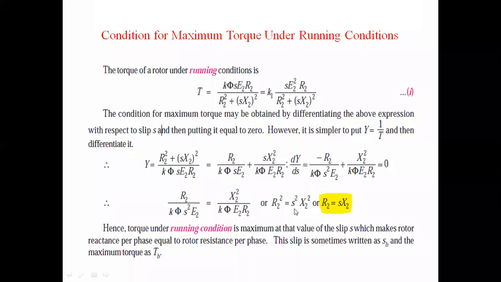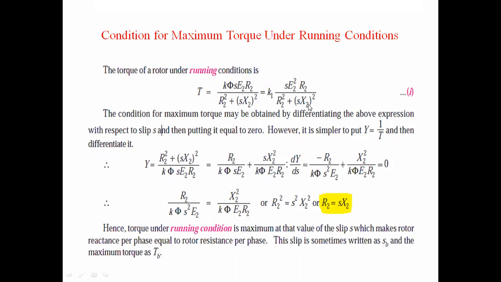By using this, we can calculate the condition for maximum torque under running conditions. When the rotor resistance equals slip into rotor reactance, that gives the condition for maximum torque of the induction motor. So R2 equals S into X2.